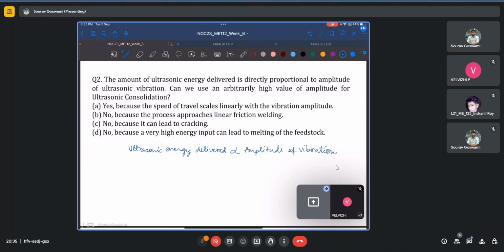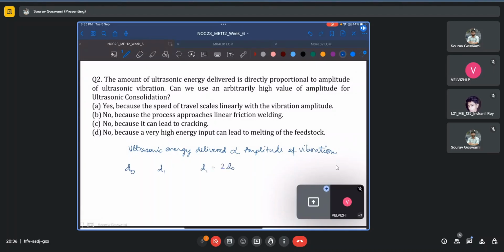So maybe we can because the speed of travel scales linearly with the vibration amplitude. So even if we increase the amplitude vibration to say two times of original. So initially say I had a vibration amplitude of D naught and later I make it D1 where D1 is actually twice D naught.